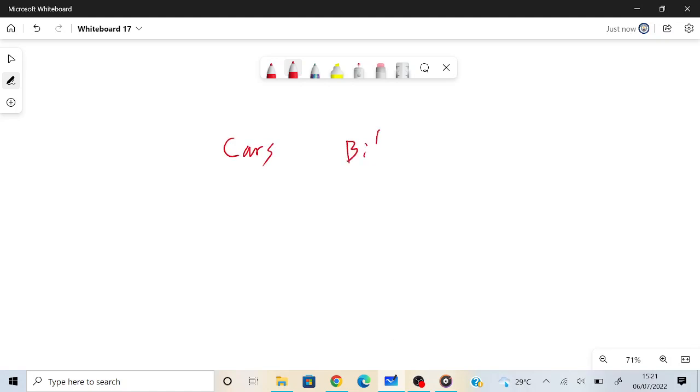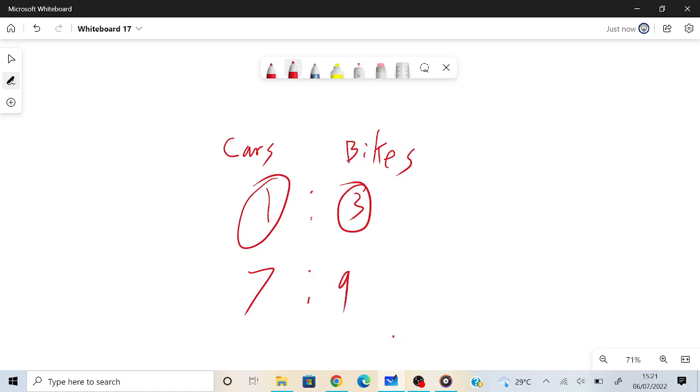A ratio, for example, would be 1 to 3. What this simply means is that for every one car, there are 3 bikes. Similarly, if I write 7 to 9, this means that for every 7 cars, there are 9 bikes. Again, these are just examples.